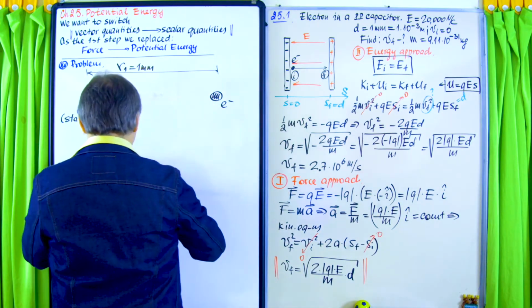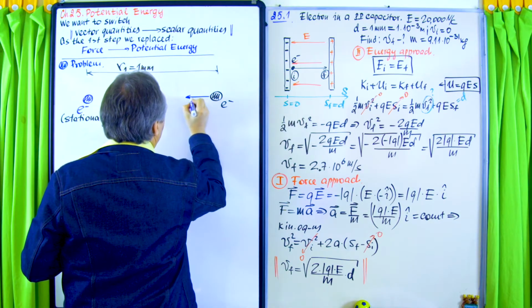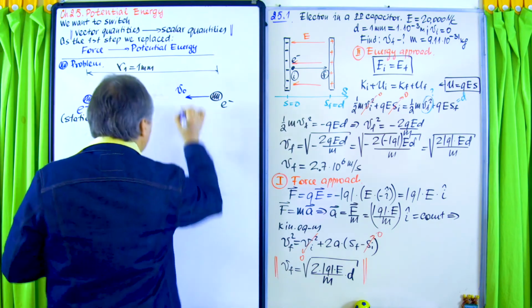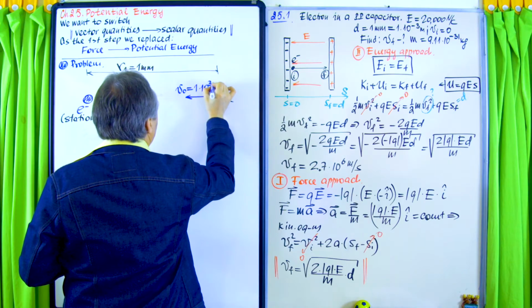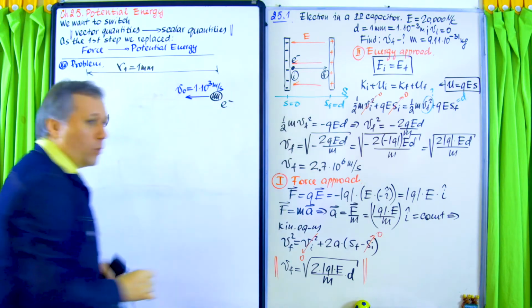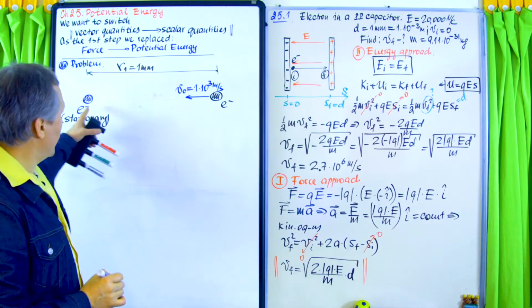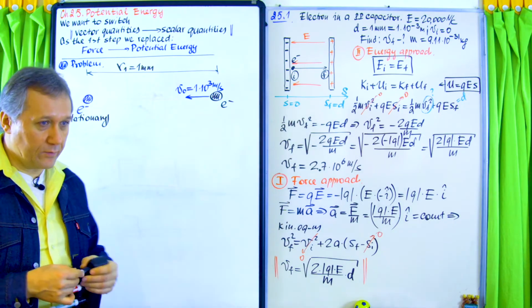Then this electron, the second one, has initial velocity v naught, 1 times 10 to the power of 3 meters per second. So 1 kilometer per second. So again, this one is stationary at the initial moment of time, and this flies with this velocity.